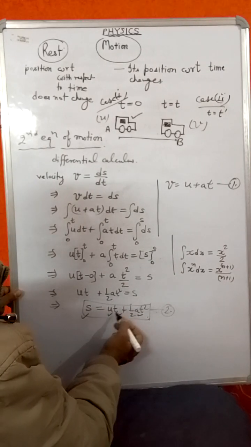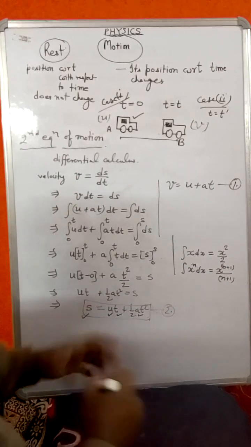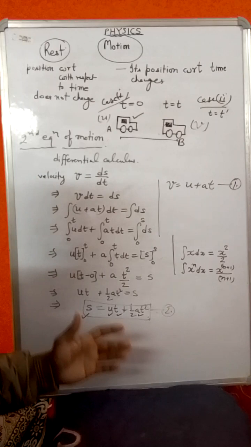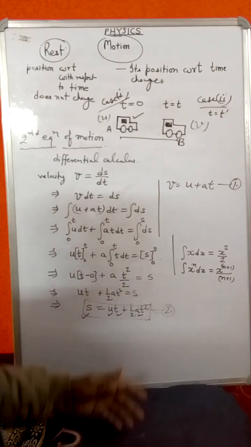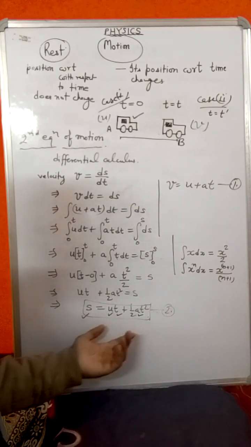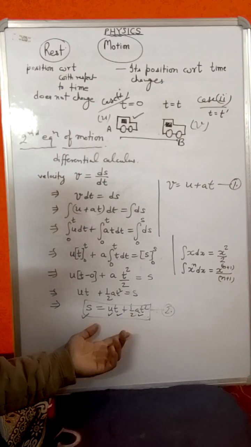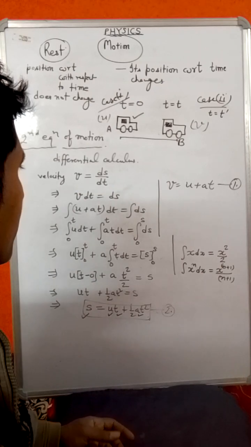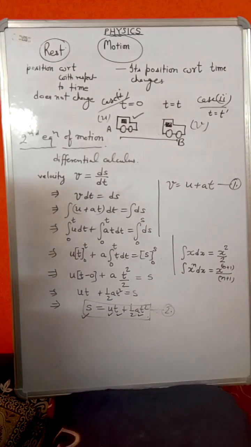Again 1, 2, 3, 4. Four unknowns are here. Any three can be given, and the fourth one has to be found, right? So we will definitely apply this formula in solving numerical problems. If you want to note it down, you can note it down.